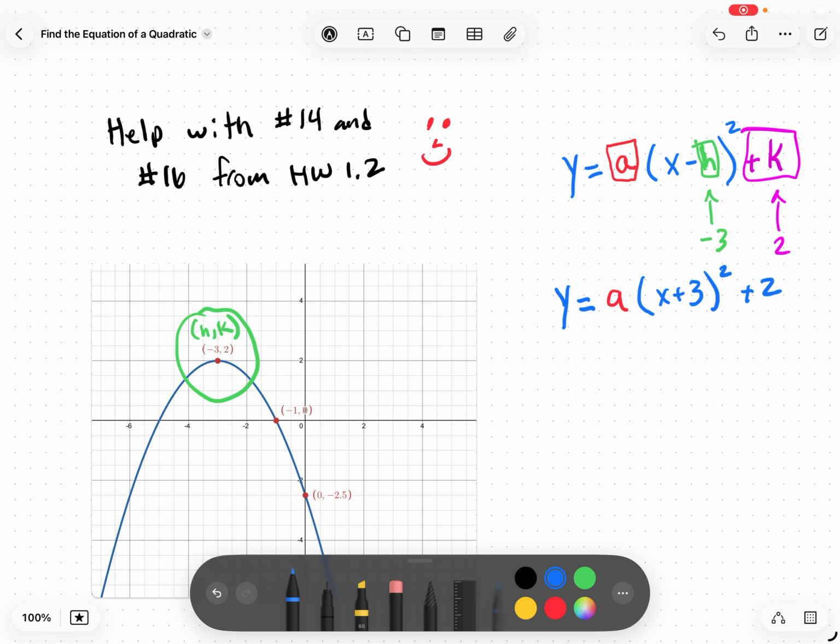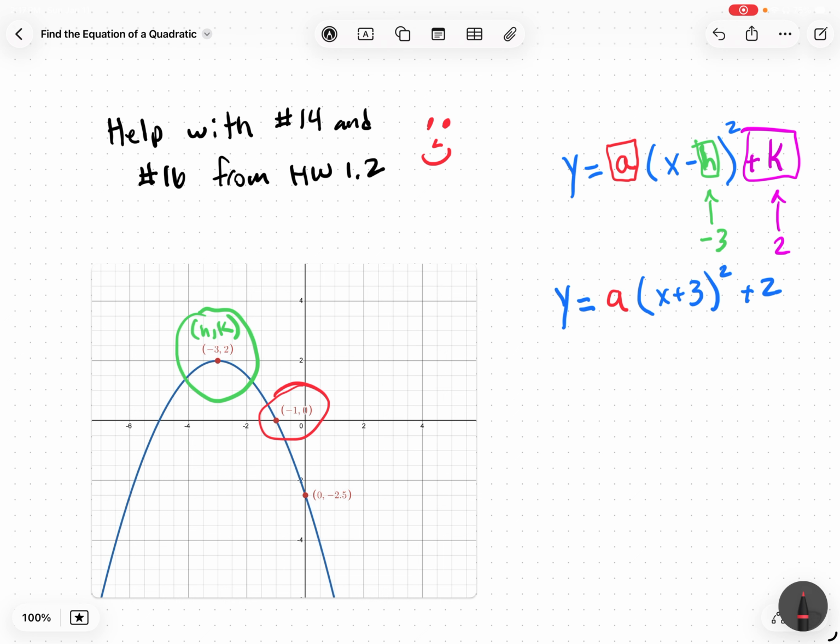Now, to get the value for letter a, I'm going to need to fill in values for x and y and then use algebra to solve for a. To do that, I need to pick another point from the graph. And so I have two options. I can use -1, 0. That's a point easily identified on the graph.